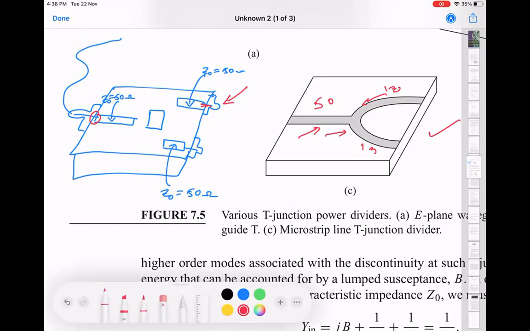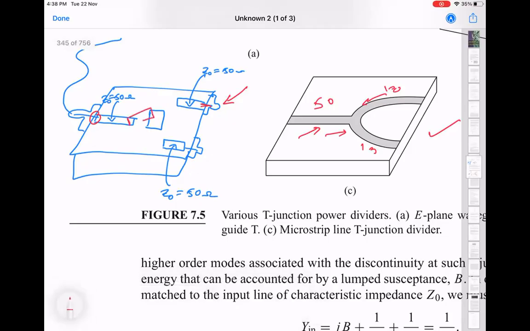So it could be a surface mount component mounted like that, which has the value R equal to 50 over 3. And I put another one here, and I put another one here. That's what that circuit means. So I have an incoming section of transmission line. Then I have a 50 by 3 ohm resistor, not 50 ohm. And then I have exactly the same thing in all of them.